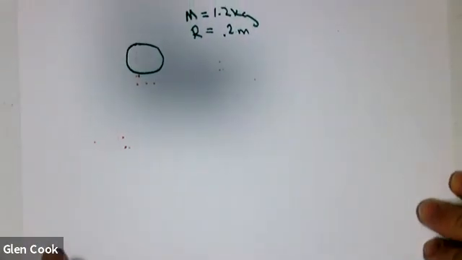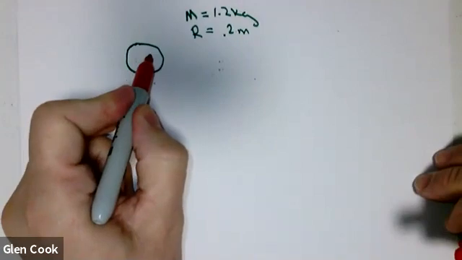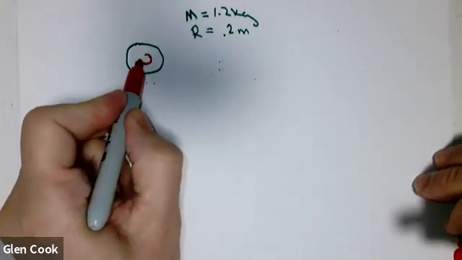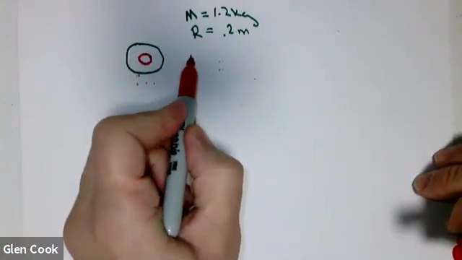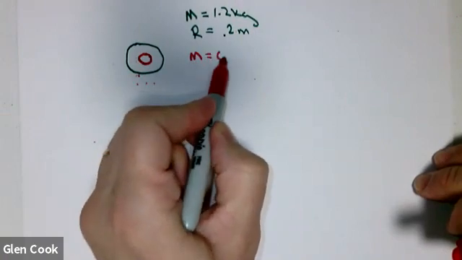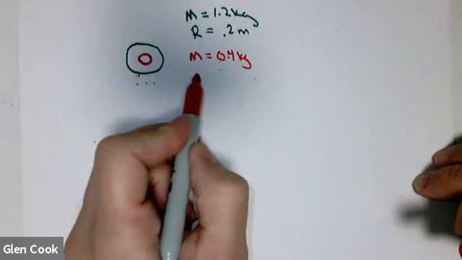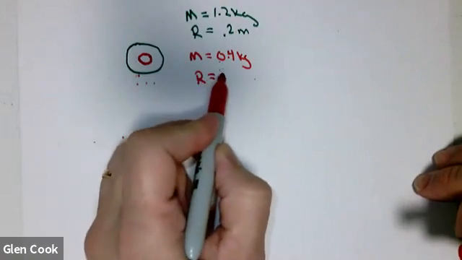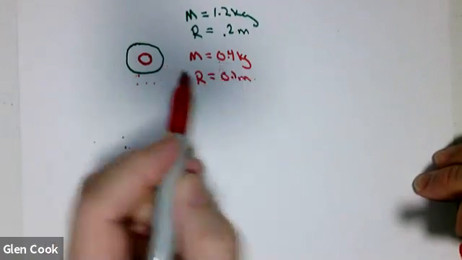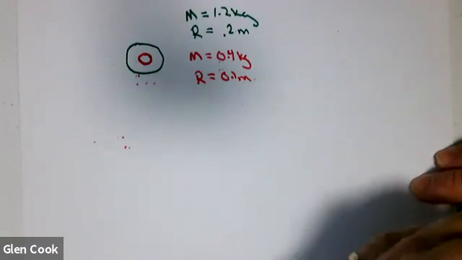And attached to that, we're going to put another wheel, and its mass is going to be 0.4 kilograms. And its radius, we'll make it 0.1 meters just to keep it easy to do.